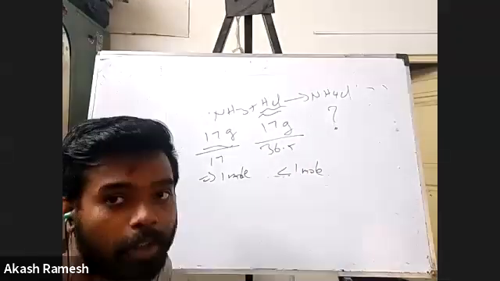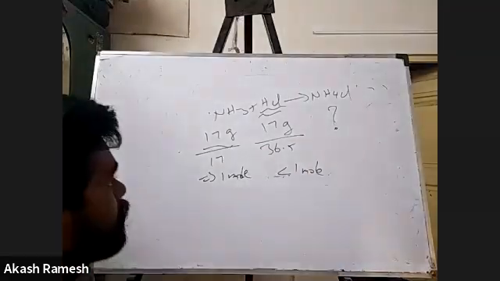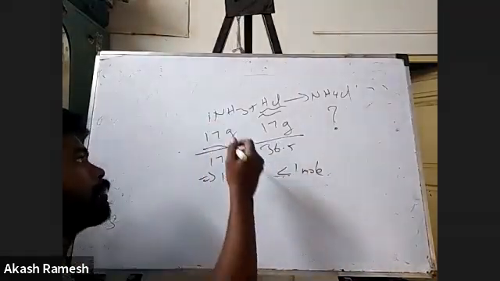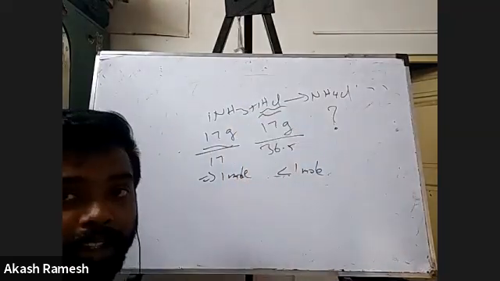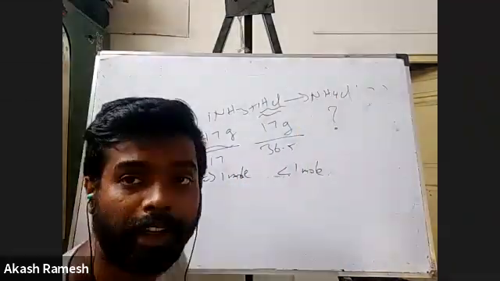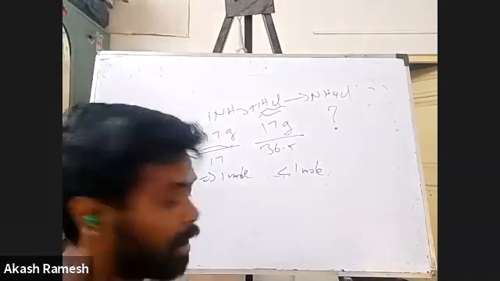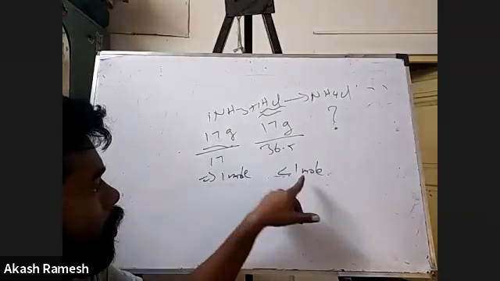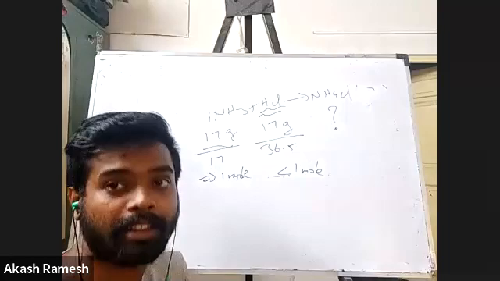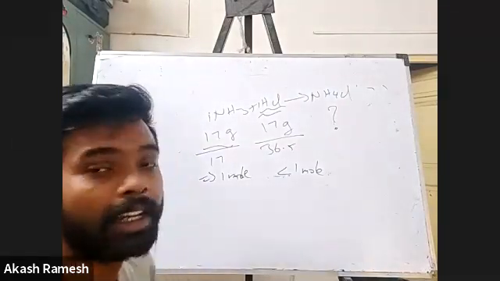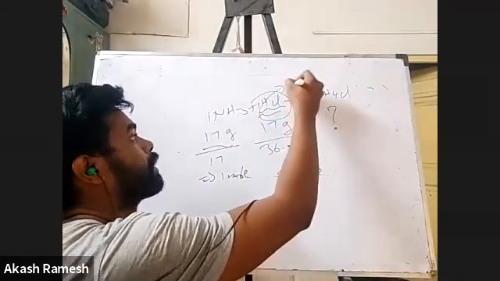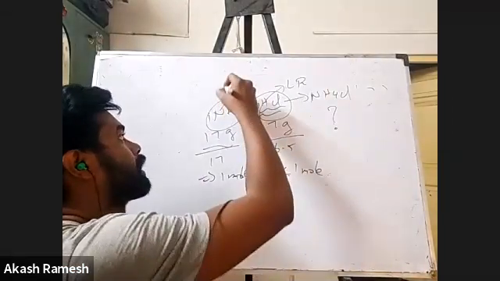Whatever the number of moles, we'll calculate that. What you see from the reaction is that 1 mole of ammonia requires 1 mole of HCl to form 1 mole of NH4Cl. Here I have 1 mole of ammonia, but here I have less than 1 mole of HCl. So definitely HCl is my limiting reagent, and ammonia is my excess reagent.